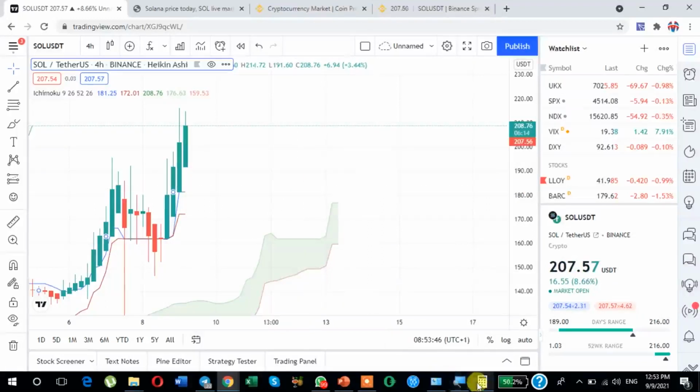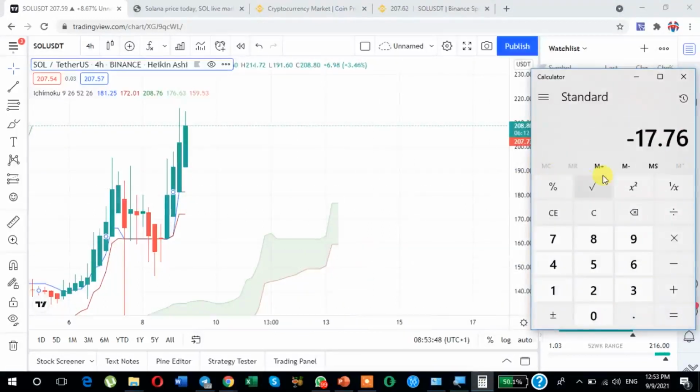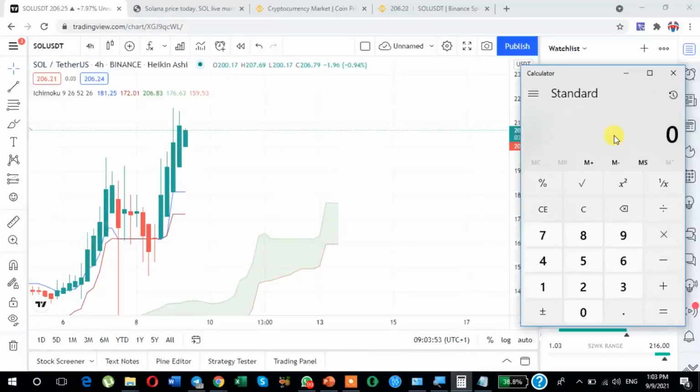For example, as you will see here, if I calculate it, 998 divided by 205 is 4.86, multiplied by 1 Solana equal to 207.